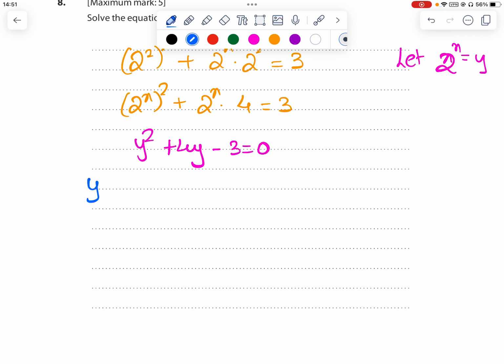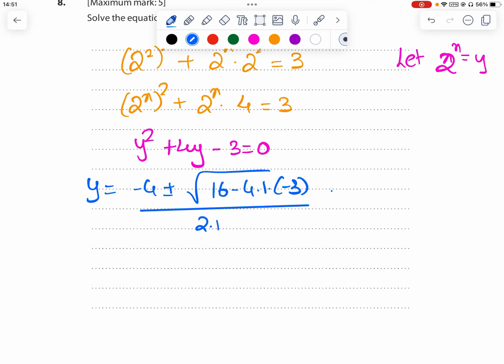So therefore you use the formula minus b plus or minus square root of b squared minus 4ac, where c itself is negative 3, upon 2a. So it becomes negative 4 plus or minus square root of 28 upon 2. 28 is 2 root 7, since 4 times 7 is 28. So 2 root 7 upon 2.